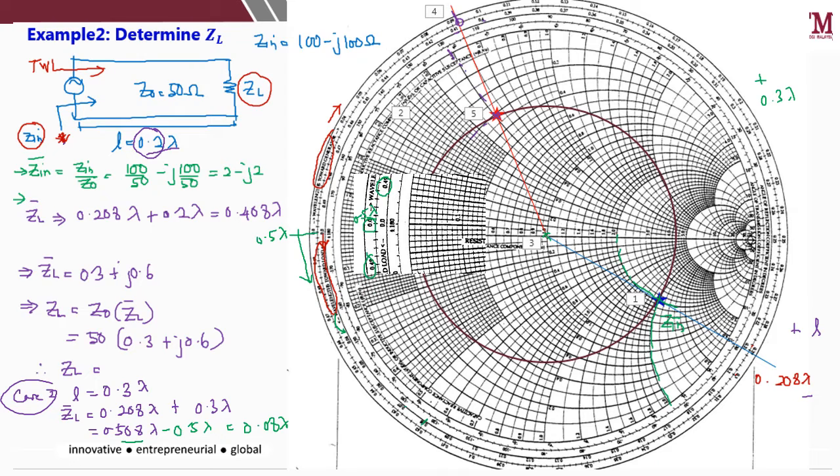Okay, so you draw the line, so you'll get your new ZL bar at this point. Okay, so you need to note the total length, and if you have more than 0.5, you need to extend the line up to the remaining position.